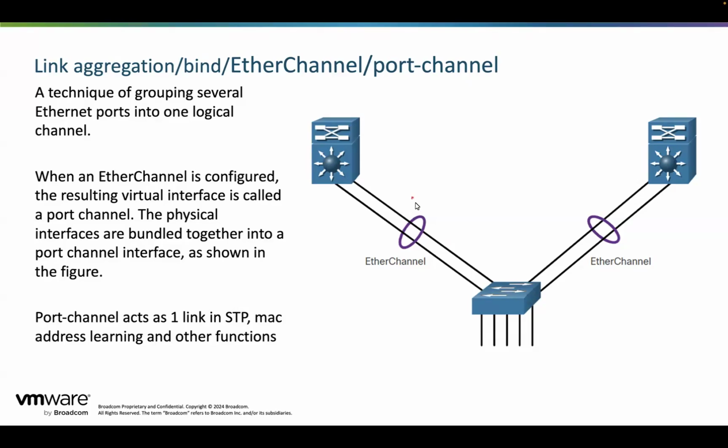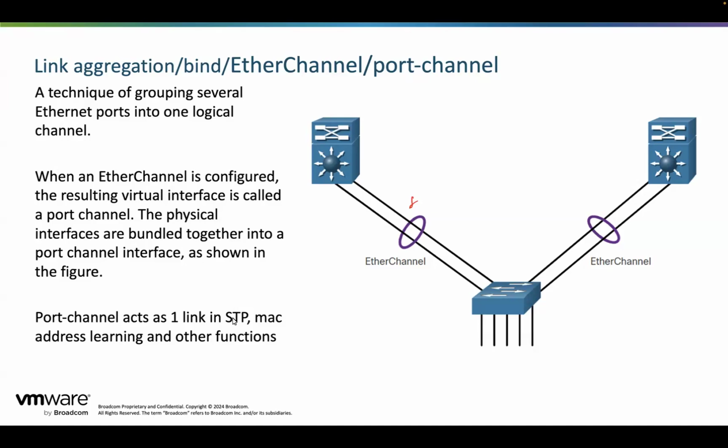Commonly we can bind 8 links or 16 links into a group, to increase the bandwidth and redundancy. That's what we call EtherChannel.